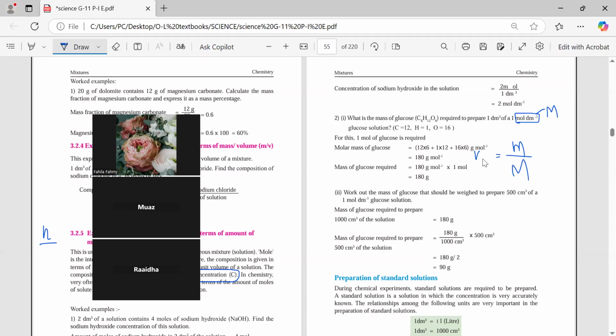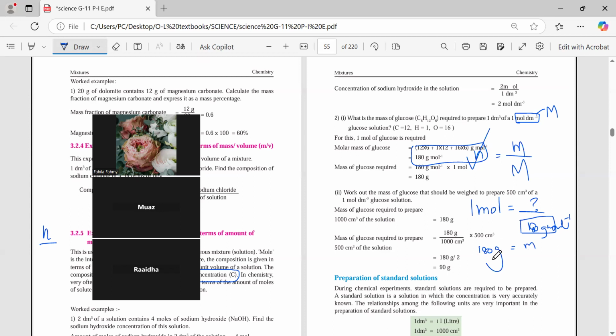m over M equals n. If you need 1 mole, you don't know how much mass to take, but you know the molar mass. The molar mass you can calculate, no? That is what they have calculated at the beginning of the sum itself, right? 180. So 1 mole into 180 g mol^-1 would be 180 grams.